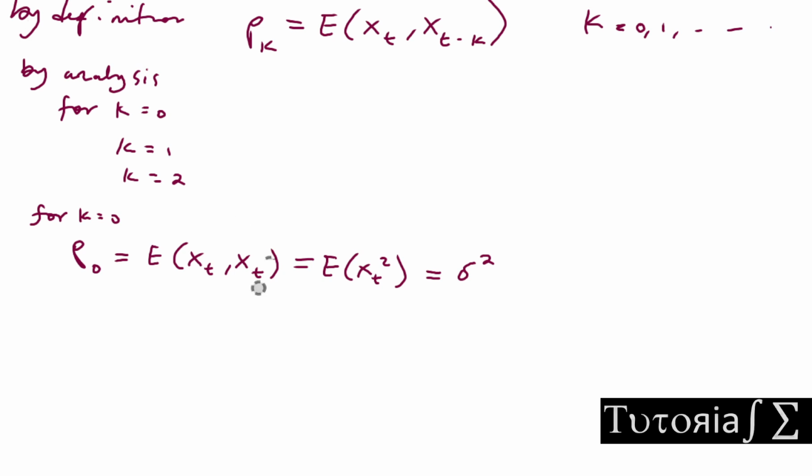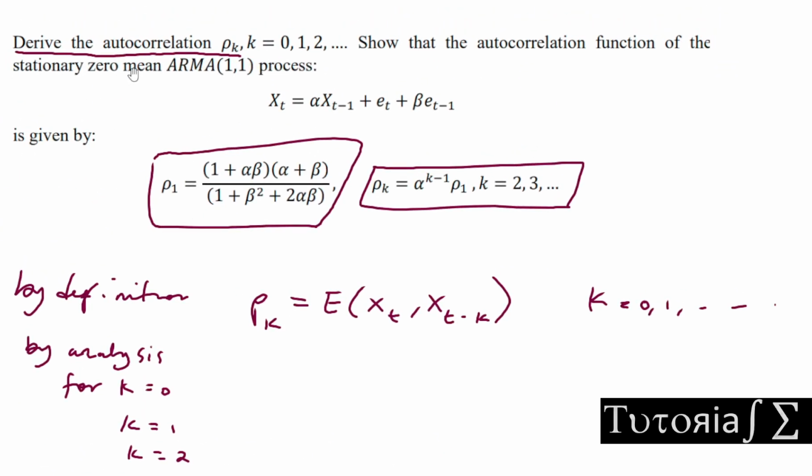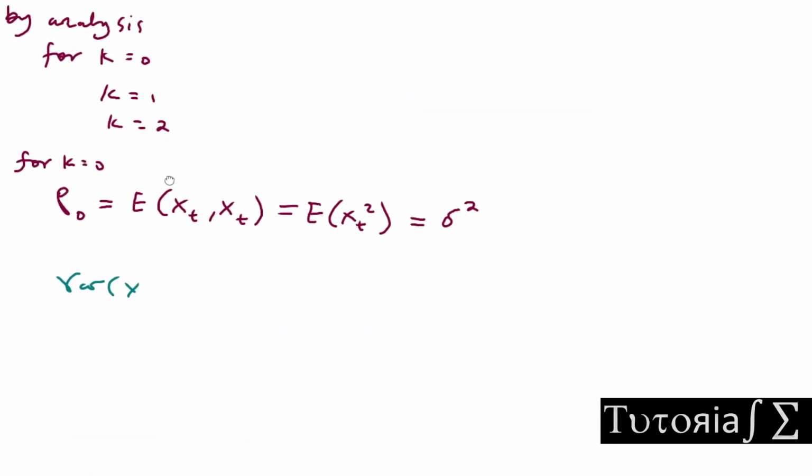So how does this come about? The variance of some variable y, assuming that y is stationary with zero mean and constant variance, just like we were told here. So we're assuming that the mean of the white noise is 0.